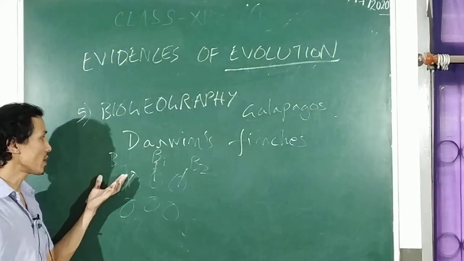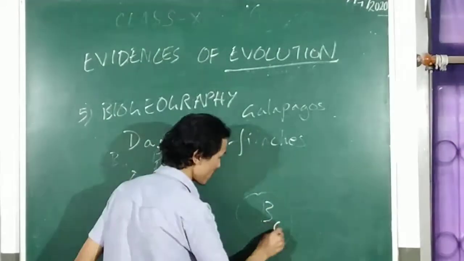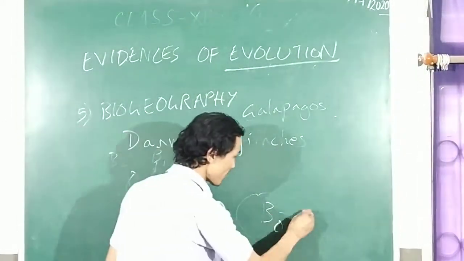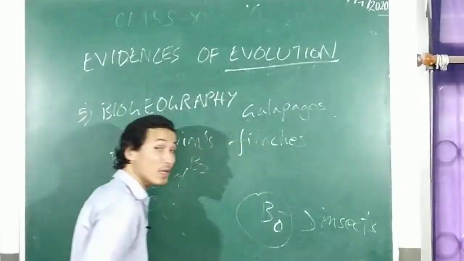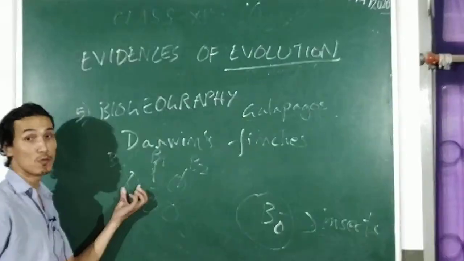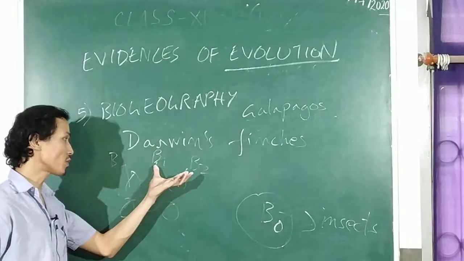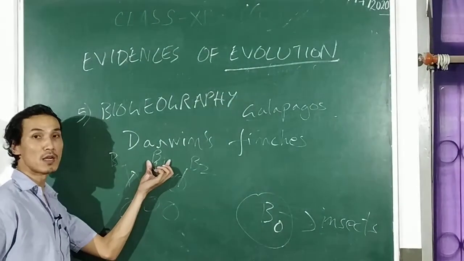So each bird basically originated from a bird which was not feeding on insects, but due to the islands and their own geographical patterns, certain birds had to develop certain feeding habits. For example, bird 1 had to feed on nuts.